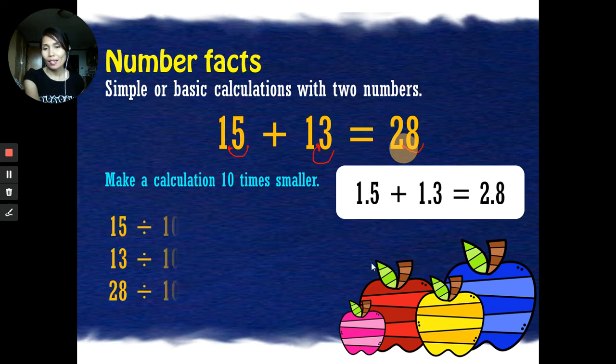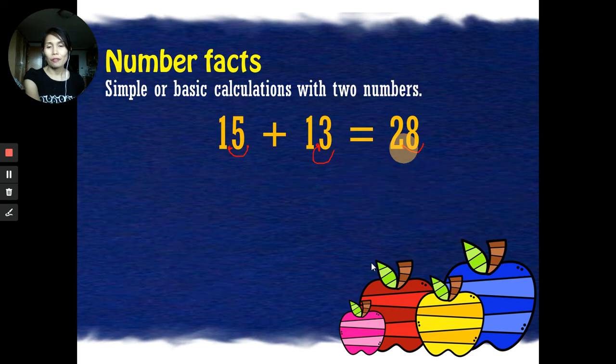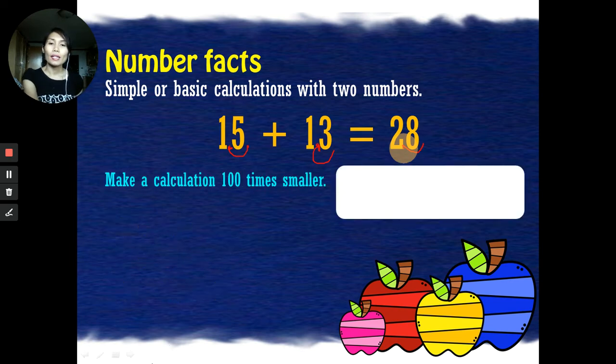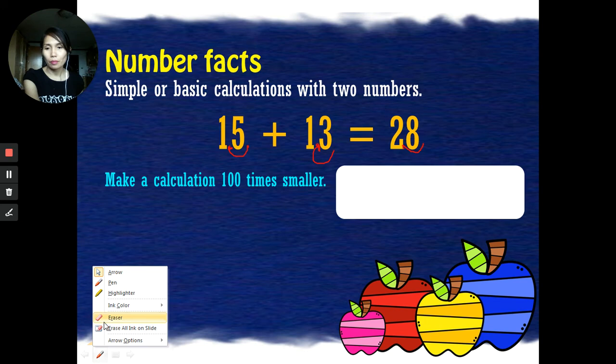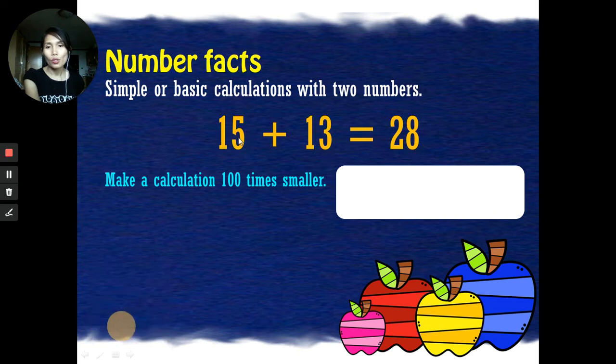Let's make 100 times smaller. Since there are already 2 digits in there, we don't have to add 0 because there are 2 digits already. So 1, 2, decimal point. 1, 2, decimal point. 1, 2, decimal point.